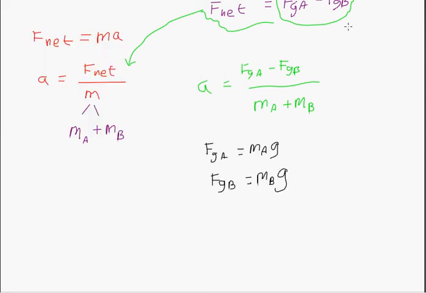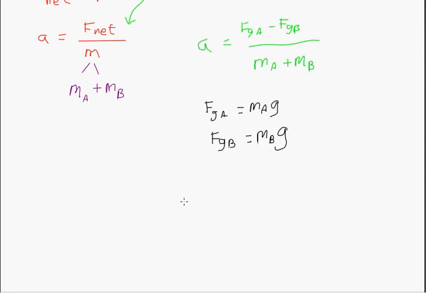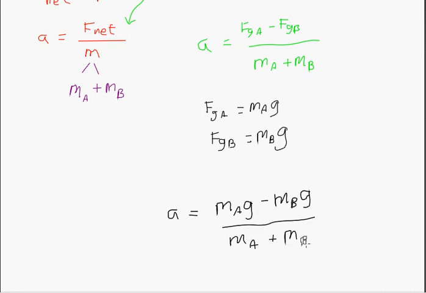I'm going to substitute these two formulas into this green formula. So now what I end up getting is a equals mA g minus mB g over mA plus mB.